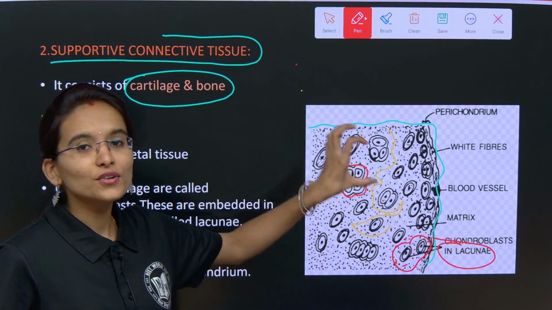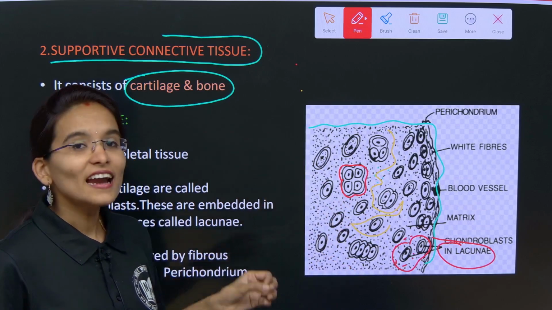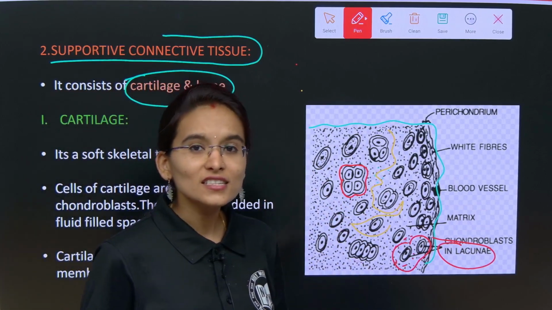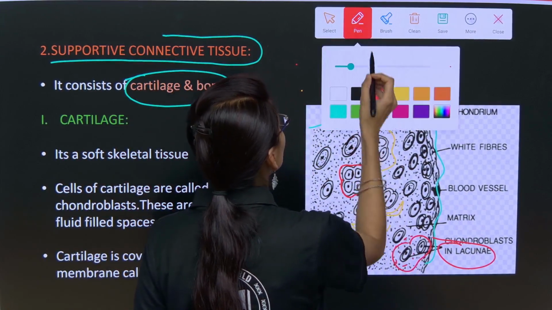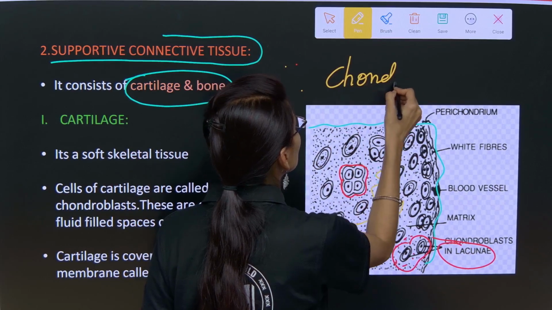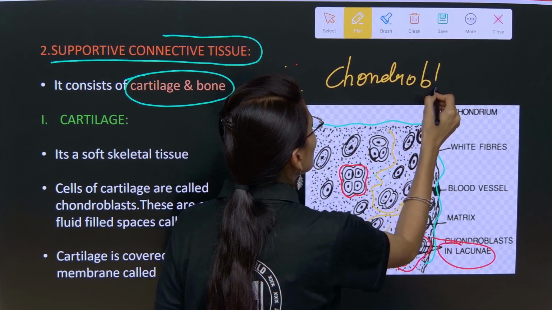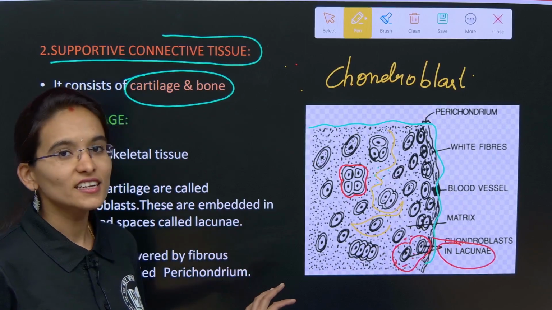We have the fluid filled spaces in the cartilage called lacunae, and inside the lacunae are the cells of cartilage called chondroblasts.